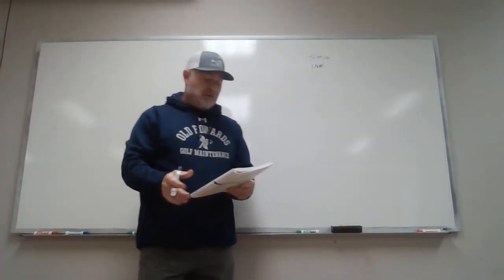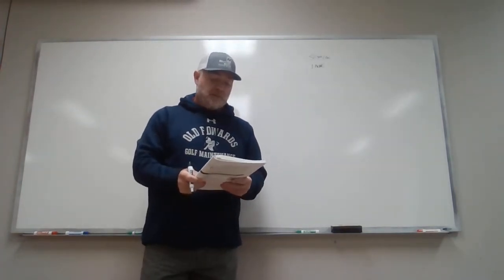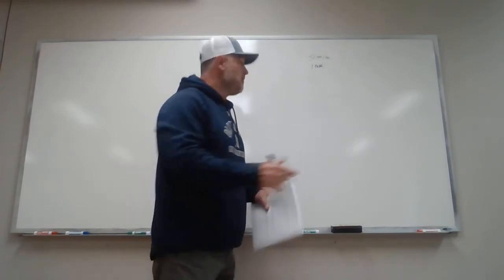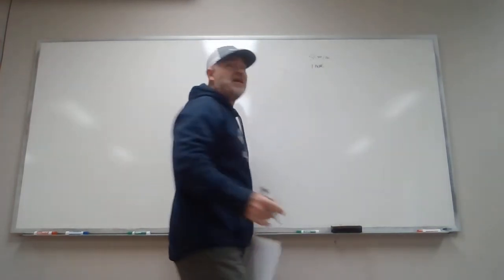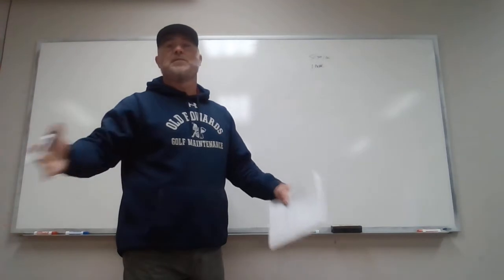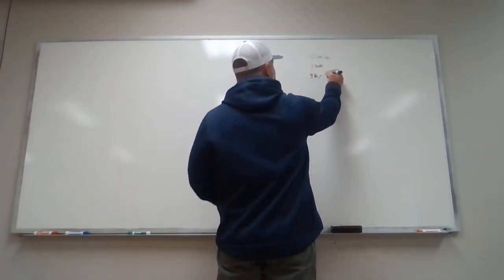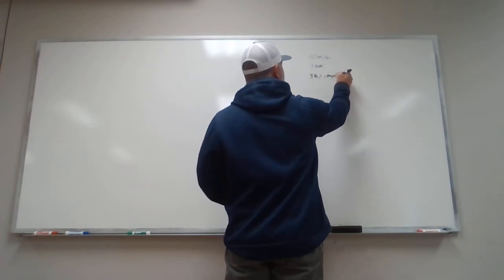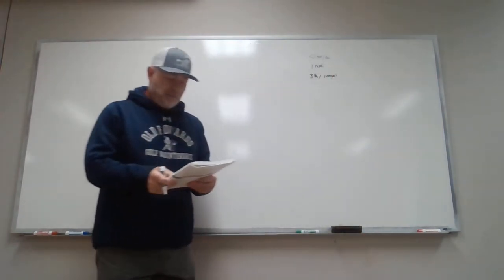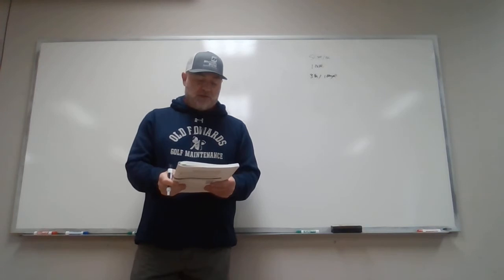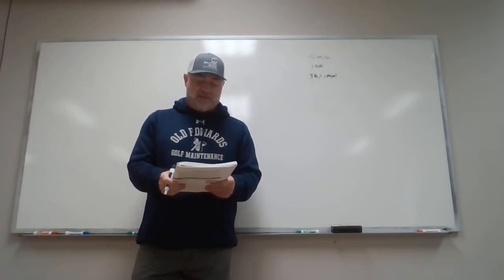The label calls for 3 pounds of formulation per 100 gallons of water. So formulation, that's product, whatever you want to call it. So it calls for 3 pounds per 100 gallons. How much formulation should you add to the tank in order to make 50 gallons of finished spray?